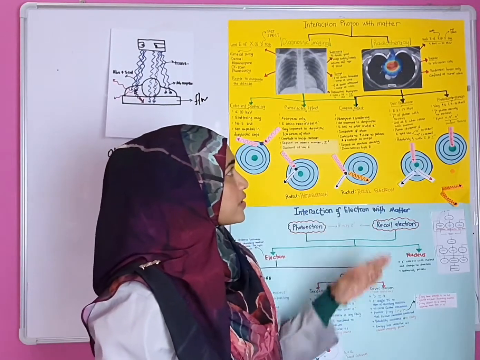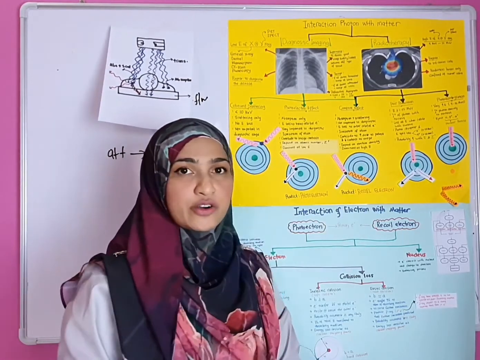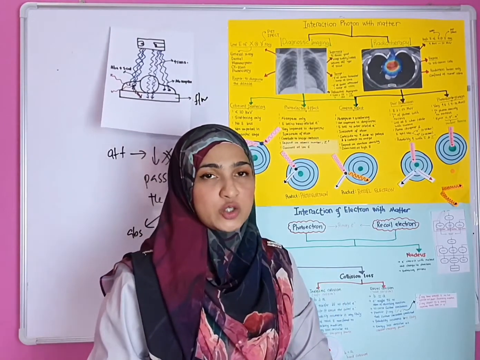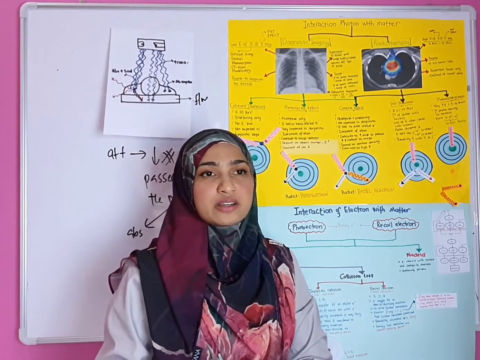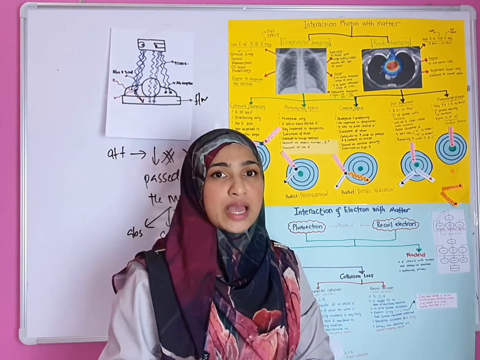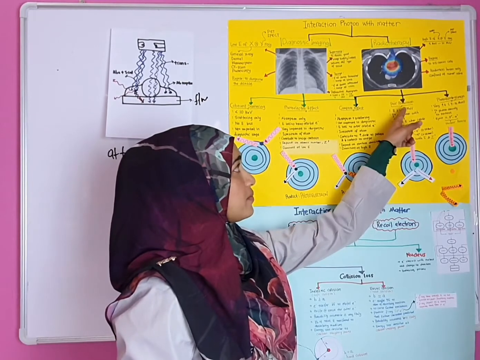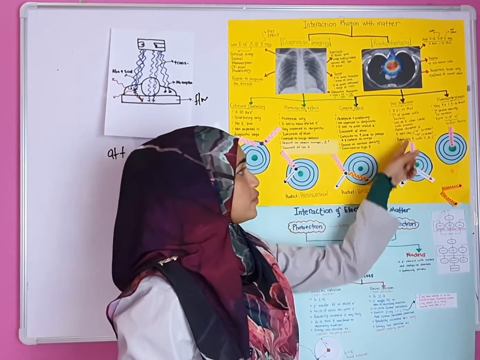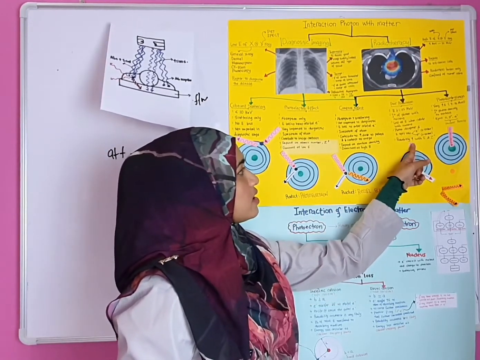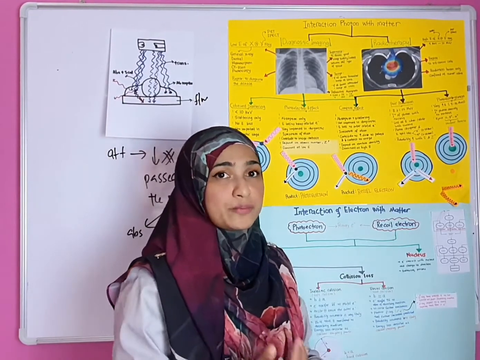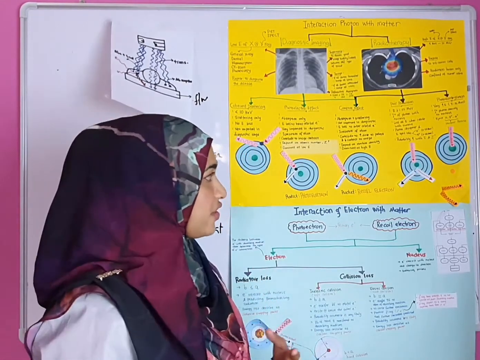So let's go to pair production. What is a pair production interaction? Firstly, the energy for pair production to happen is greater than 1.02 MeV. The interaction of the photon is with the nucleus. This photon will approach the nucleus due to the Coulombic force.